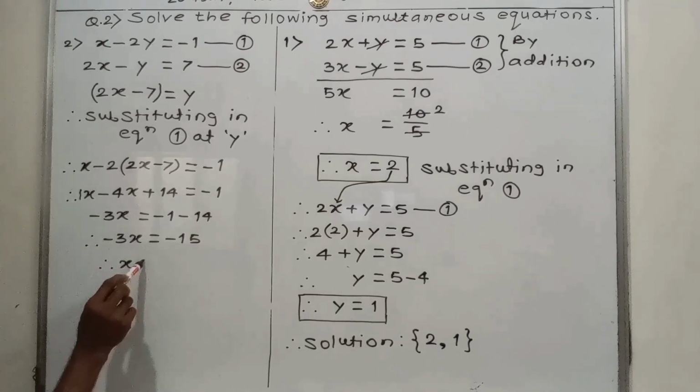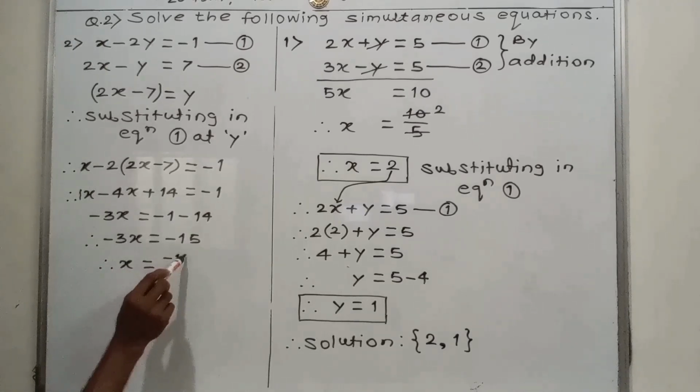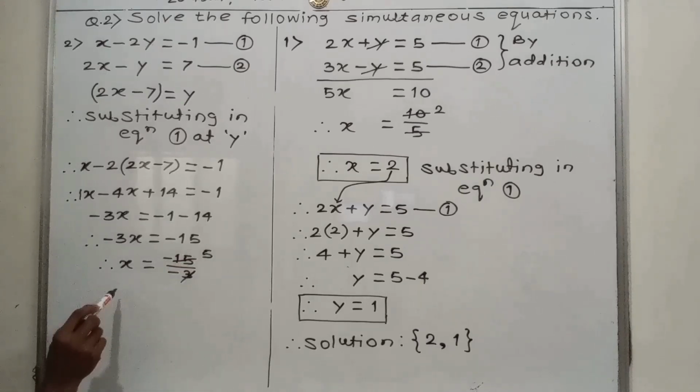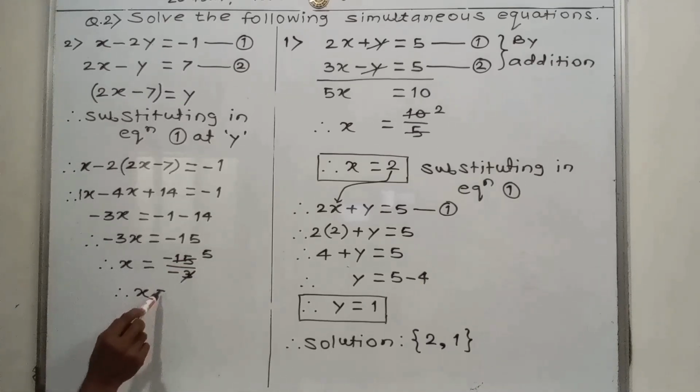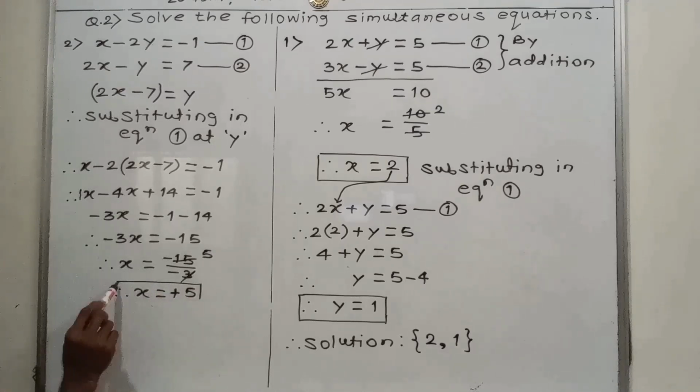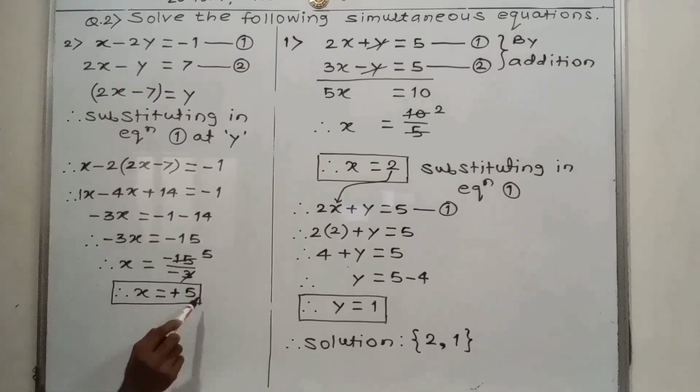Therefore, x is equal to minus 15 upon minus 3, that is 3 fives. Division and multiplication of same signs is always positive. Therefore, x is equal to 5.